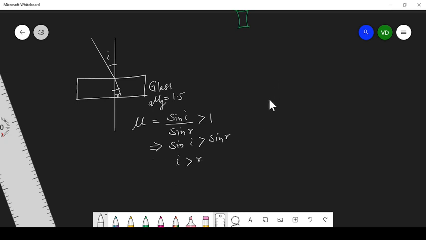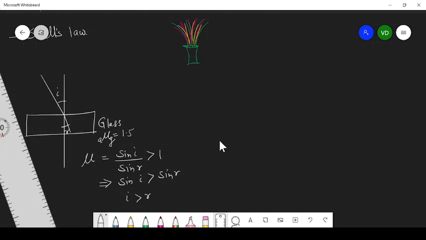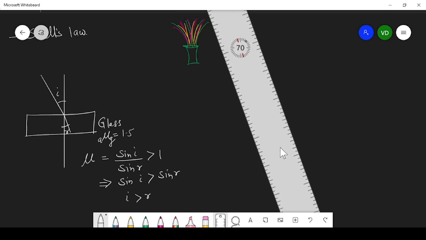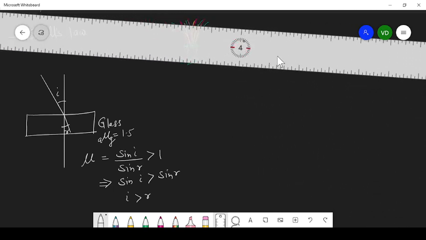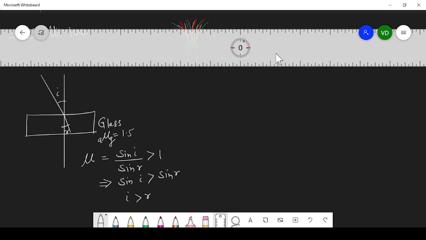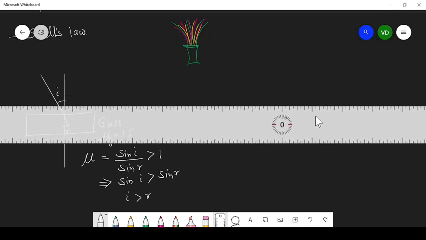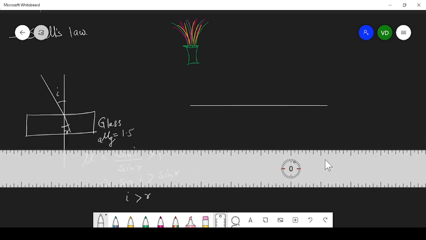But what will happen if we take the opposite position? Opposite means, for example, if we have the light in the glass. So let us consider a glass plate here. Suppose this is a glass plate, and the light is coming out of this glass plate.